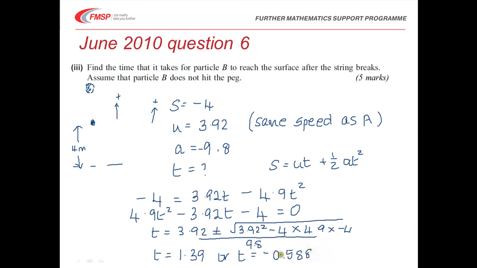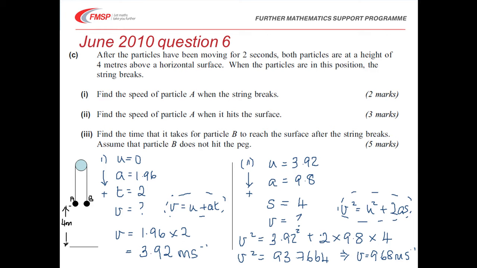Now of course a negative time is not going to be relevant, so the time we want is t equals 1.39 seconds. So quite a bit of working there, but it mainly is just based on this quadratic formula that you just need to check. So let's go back, as we need to look at the other parts and just see how the marks were awarded for that question, for part C.